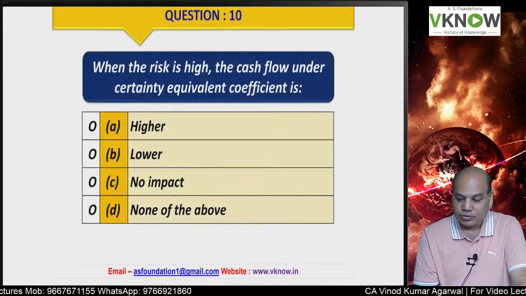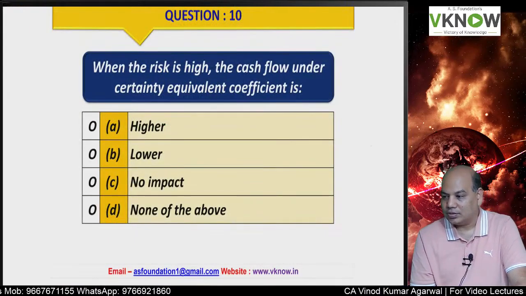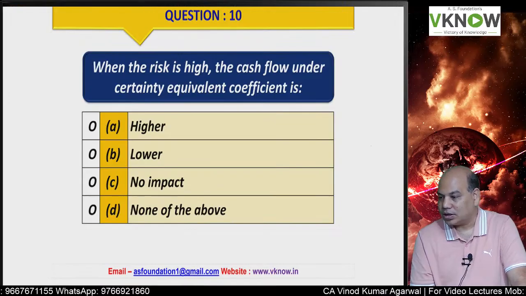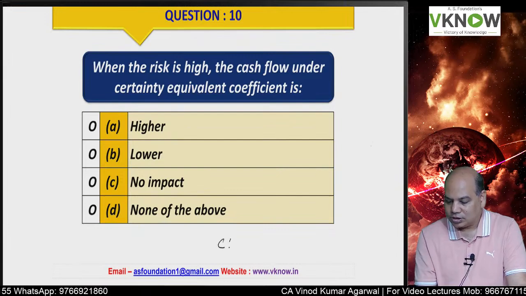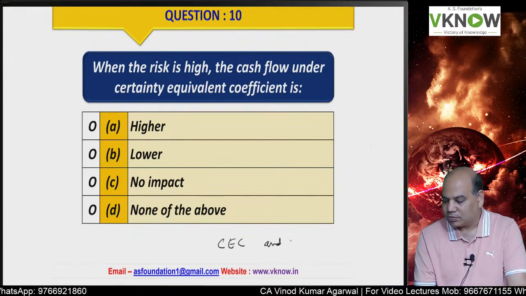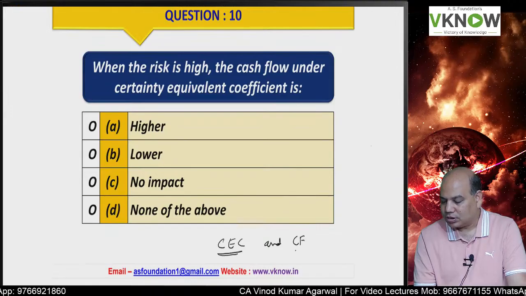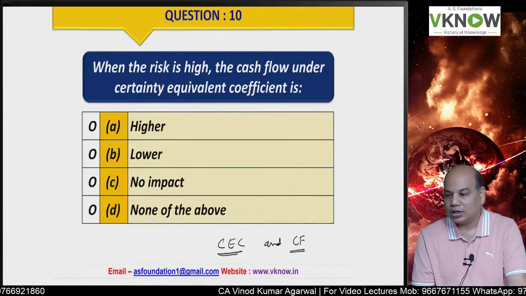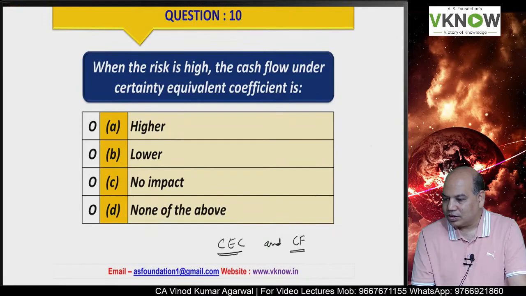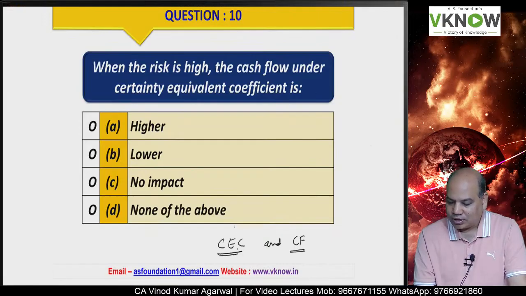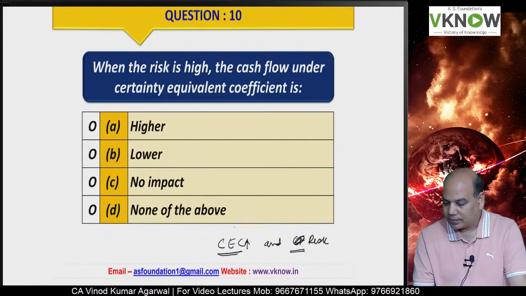Question number 10. When the risk is high, the cash flow under certainty equivalent coefficient will be... CEC and cash flow, tell me, are directly related or inversely related? They are inversely related. Higher CEC means risk is less.